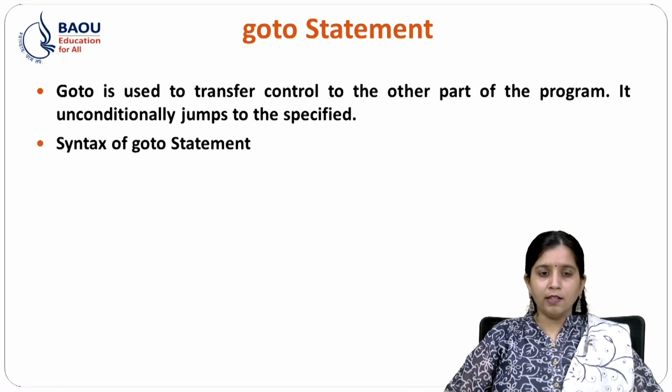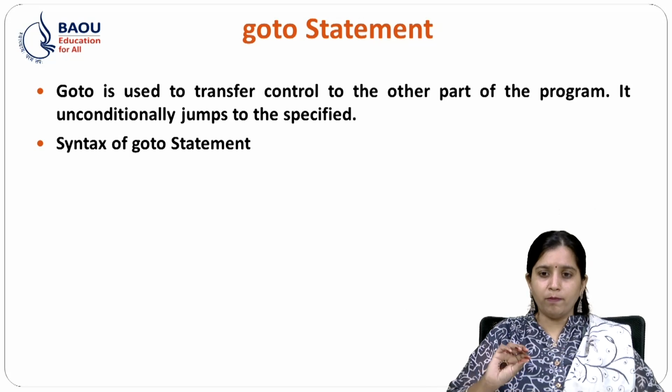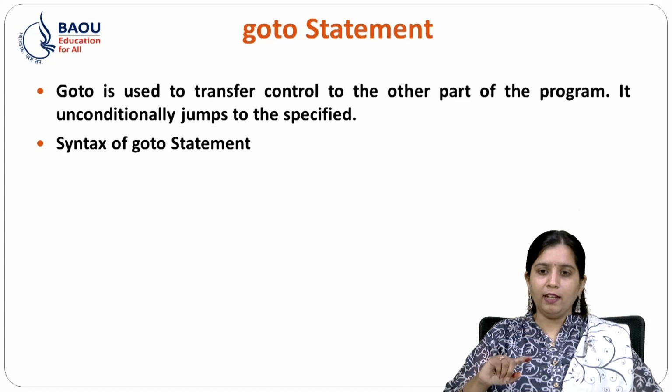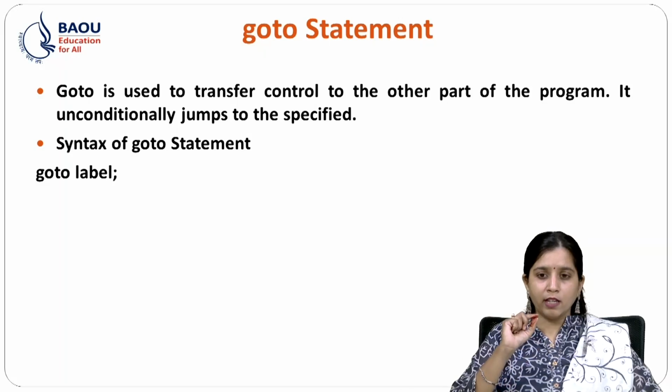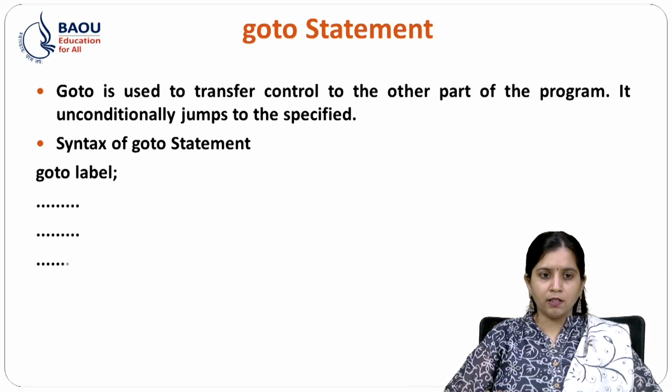Let's see the syntax of the goto statement and then an example. Nowadays the goto statement is not preferred, because you will see in the example why it is not used nowadays; it is a bad practice. So goto is a keyword, followed by the label we want to jump to, and then the statements.